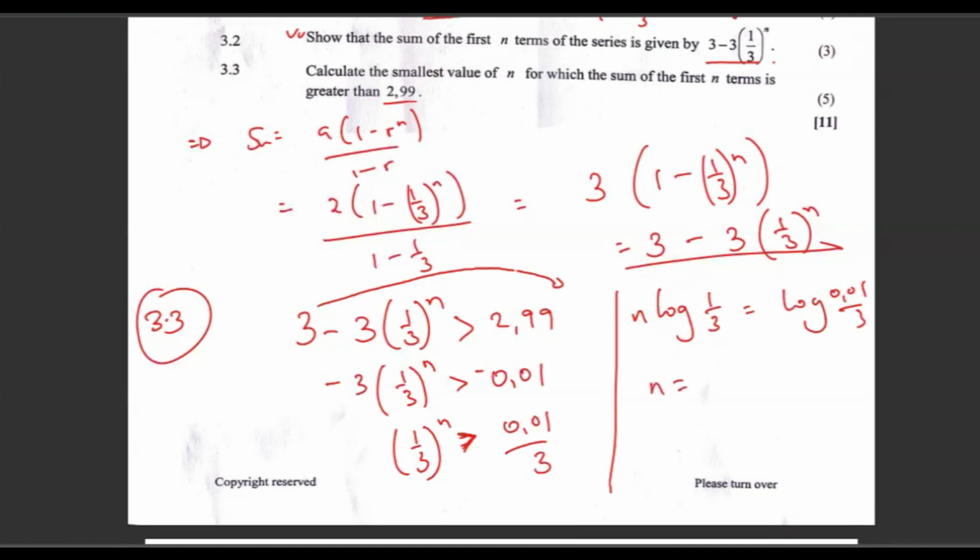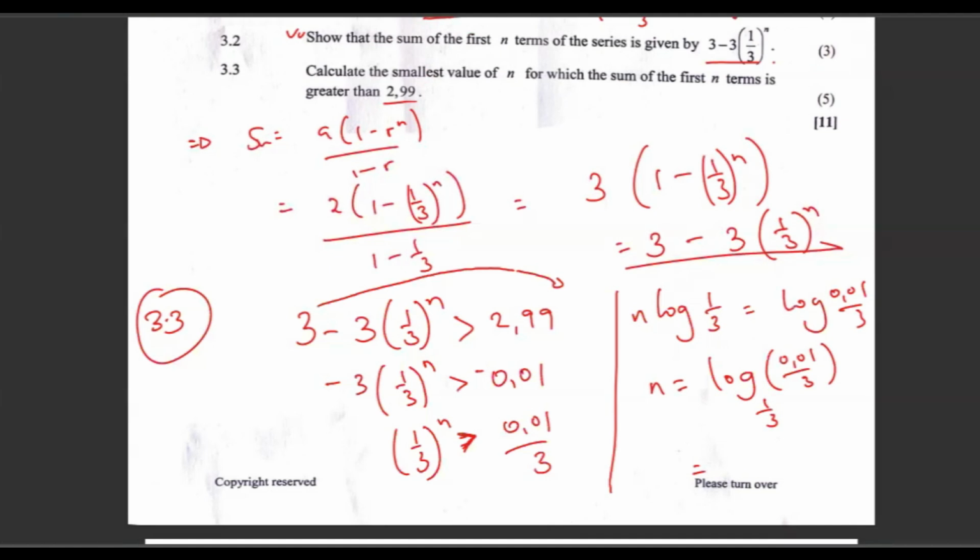Then when I divide, it would be the same as log base 1 over 3 of 0,01 over 3. Or we can alternatively say that this log here divided by that log here. You should be able to get the same answer.